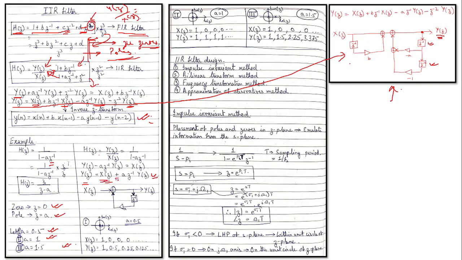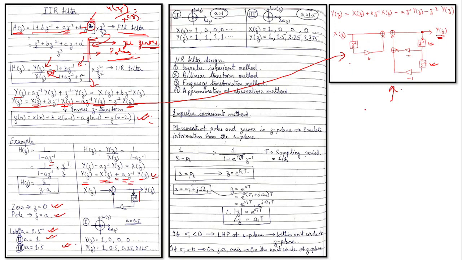then we have an adder. This adder gives us the Y(z), so we will directly take the output Y(z), but over here we have a delay, one delay is there, and a is the multiplier, then it is getting added, right?